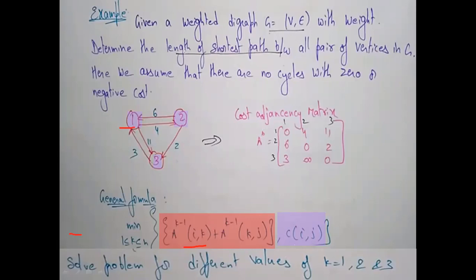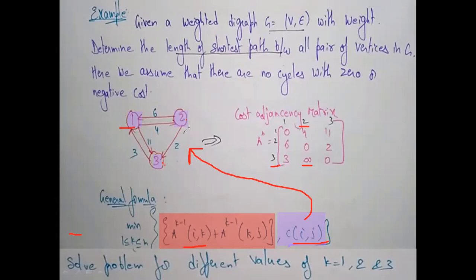When you are finding the value of c of i comma j, you have to find it from the given graph. If there is no edge from one vertex to another vertex, you must define it as infinity. You must define it as infinity if there is no direct edge. So 3 to 2, no direct edge. 3 to 1, 1 to 2 is there, but we need a direct edge from 3 to 2.